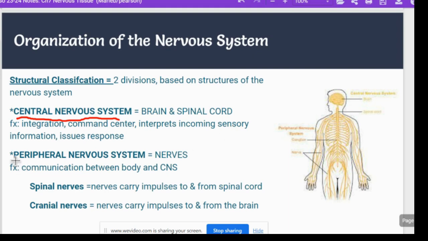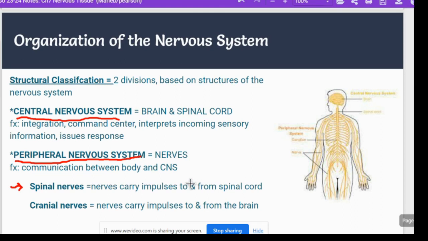And then it's going to pass that on to the peripheral nervous system, which is all of the nerves and neurons outside of the brain and spinal cord. And then you got two little branches. You have spinal nerves, which you can tell where they originate. They originate from the spinal cord. So these spinal nerves come into the spinal cord. Remember, those are afferent.